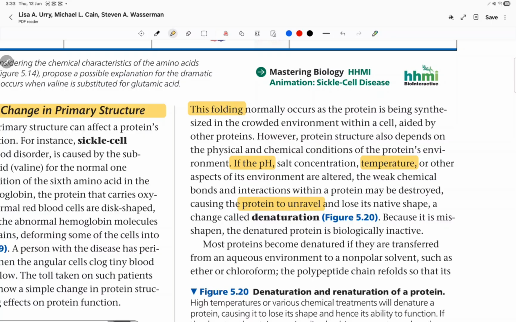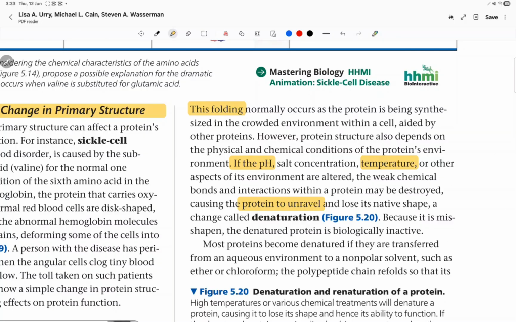And once it does, it will lose also its function. So the protein loses shape. That's called denaturation. That means it's not going to work anymore. It's going to become biologically inactive.